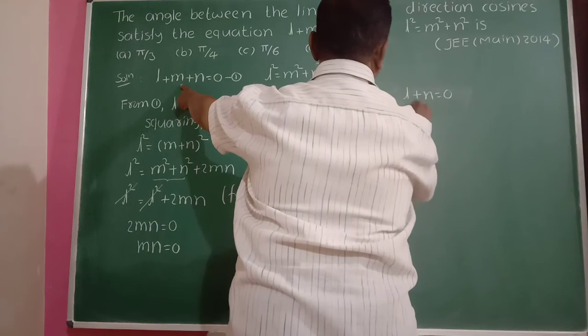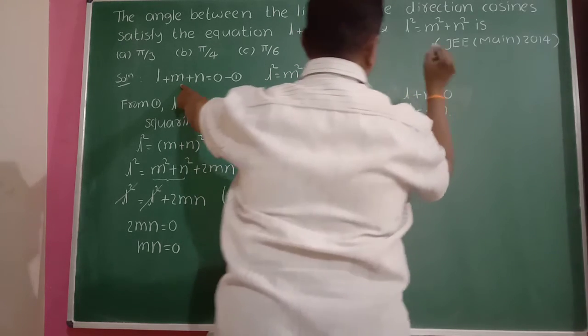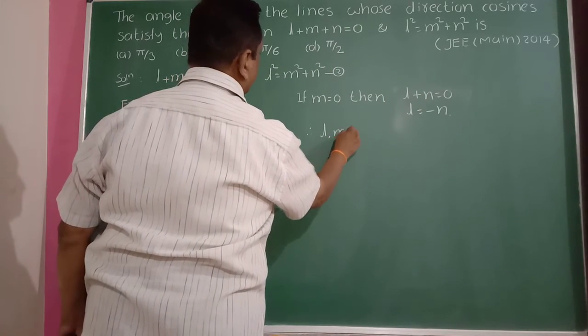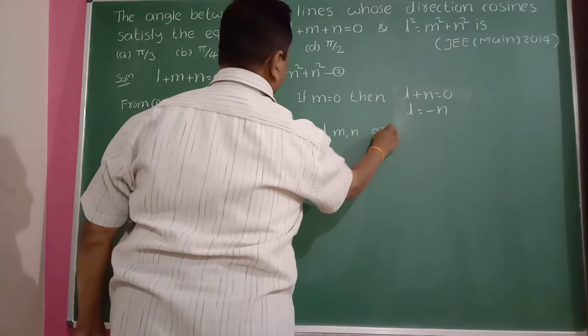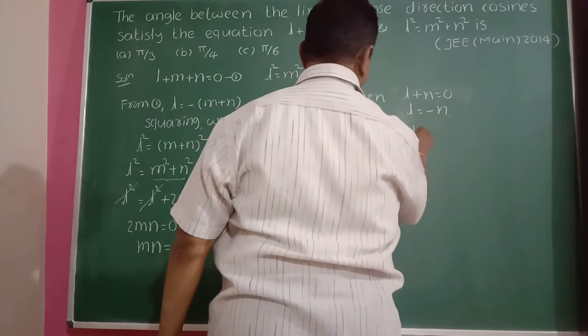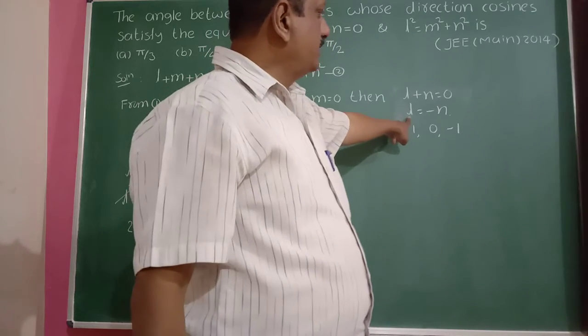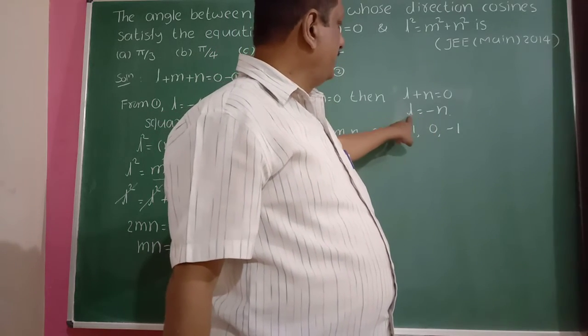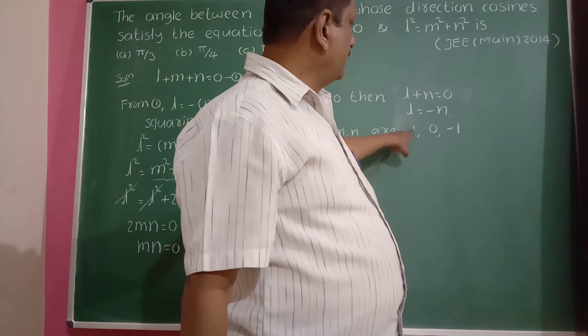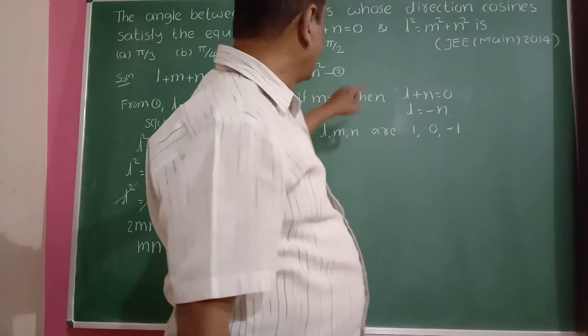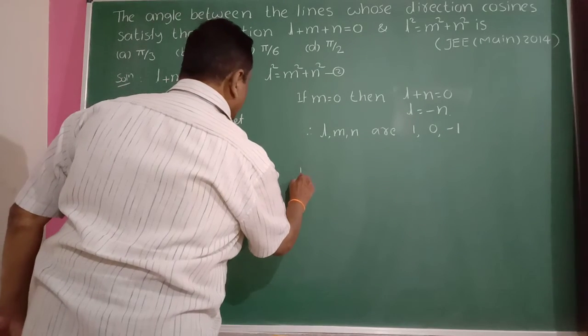is equal to 0. Therefore, L is equal to what here? Minus of N. Therefore, direction ratios L, M and N are 1, 0 and minus 1. Suppose L is 1, therefore N is equal to minus 1 and M means 0.